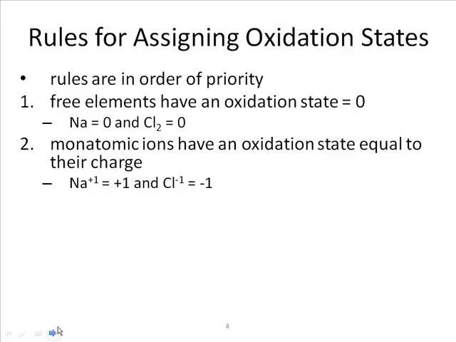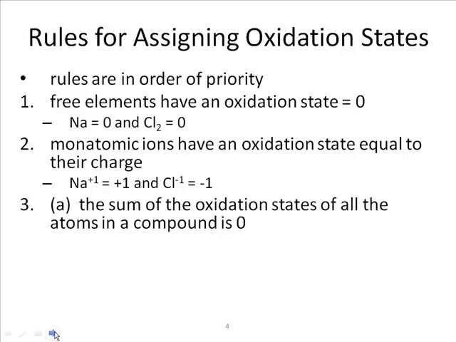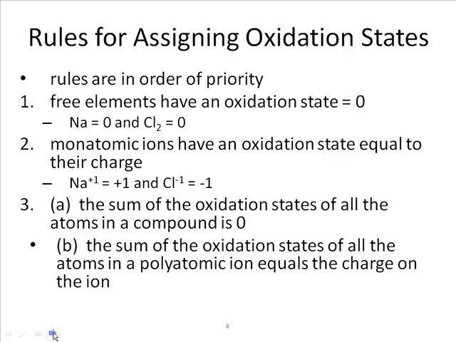So for example, sodium Na+ has a +1 charge or oxidation state, and the chloride ion, Cl-, has a -1 oxidation state. The sum of oxidation states of all the atoms in a compound is 0, and the sum of oxidation states of all the atoms in a polyatomic ion equals the charge on the ion.